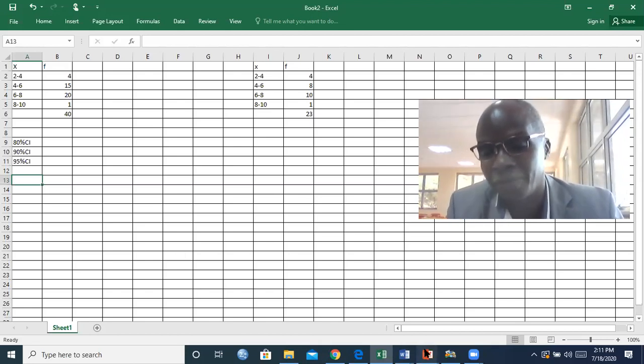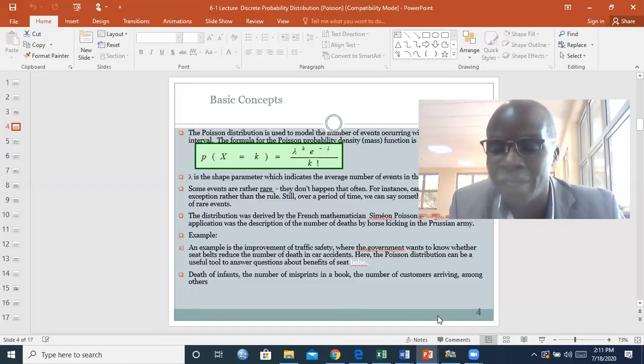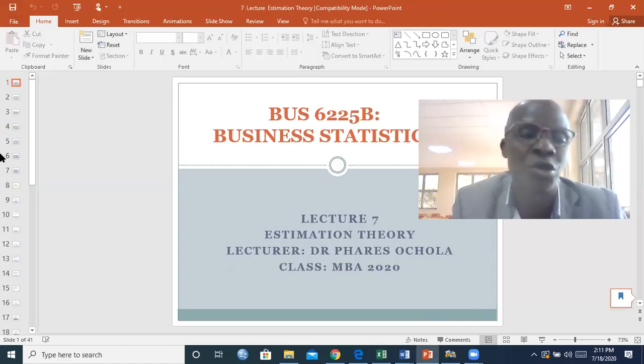It is x bar plus or minus Z alpha over 2 times sigma over root n.